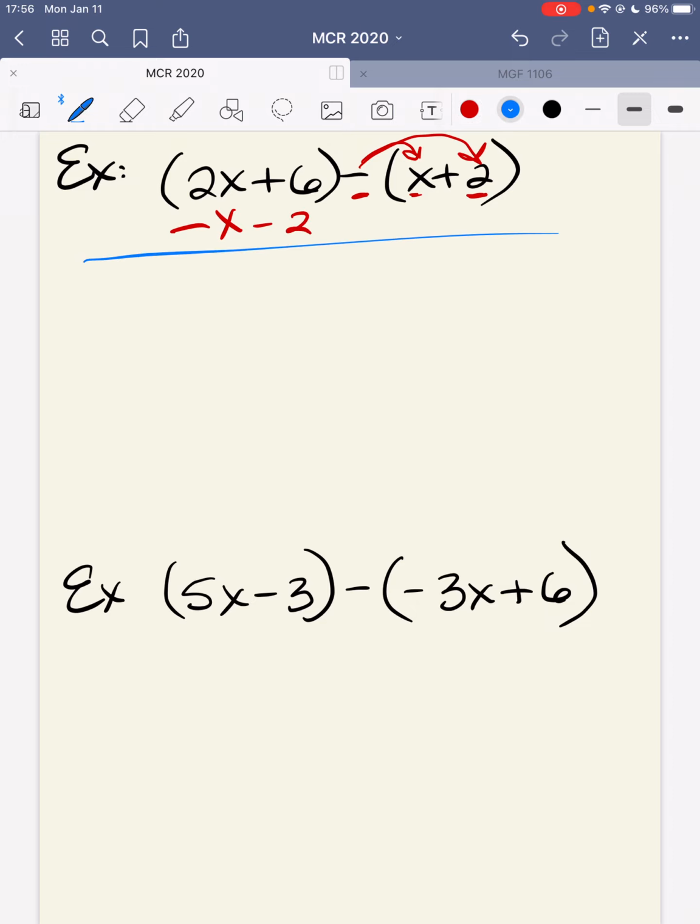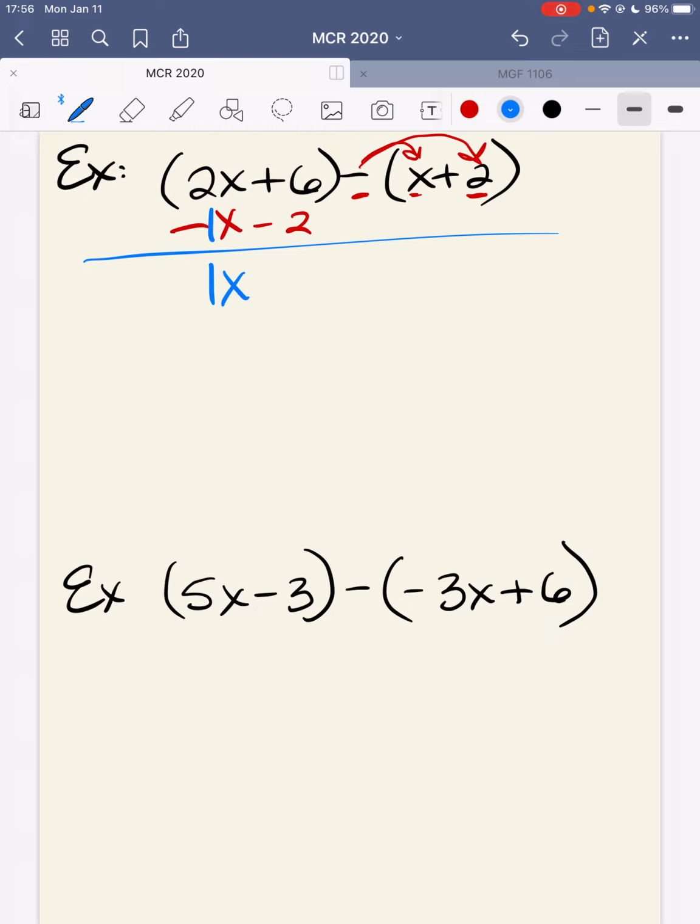From there I can just combine like terms straight down. So I have 2 minus 1, which is just a positive 1. Don't forget your x. You can leave your 1 at this point. Just remember that if that 1 isn't there, it's not any different.